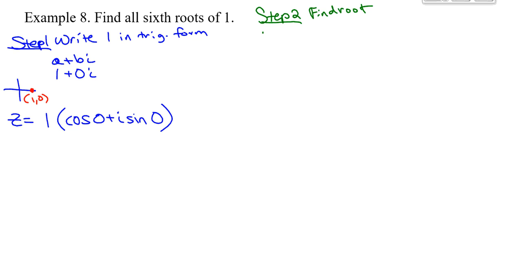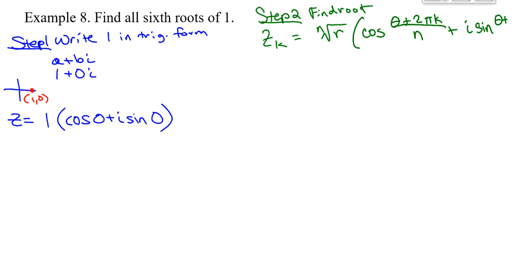So we know that z sub k equals the nth root of r, because that's r to the 1 over n, times the cosine of theta plus 2 pi k over n, plus i sine of theta plus 2 pi k over n.